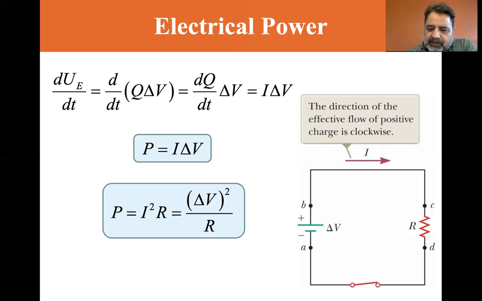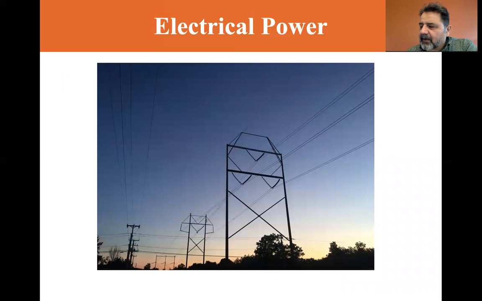Okay, let's see. Now, electrical power lines. If you read the intro, there was a question as to why they use these power lines, and do they use high voltage or low voltage? Well, the real power lines have resistance, and given that power is equal to I delta V, you can transmit power using high currents and low potential differences, or low currents and high potential differences.